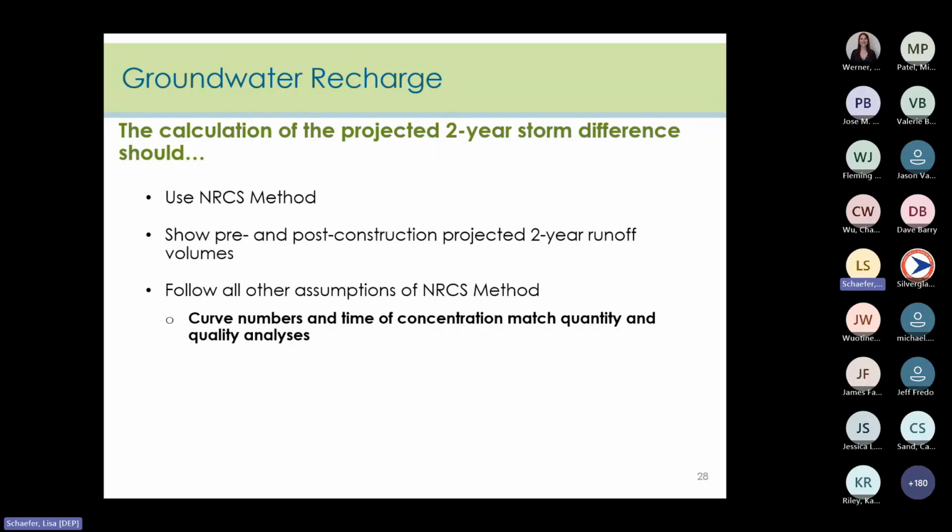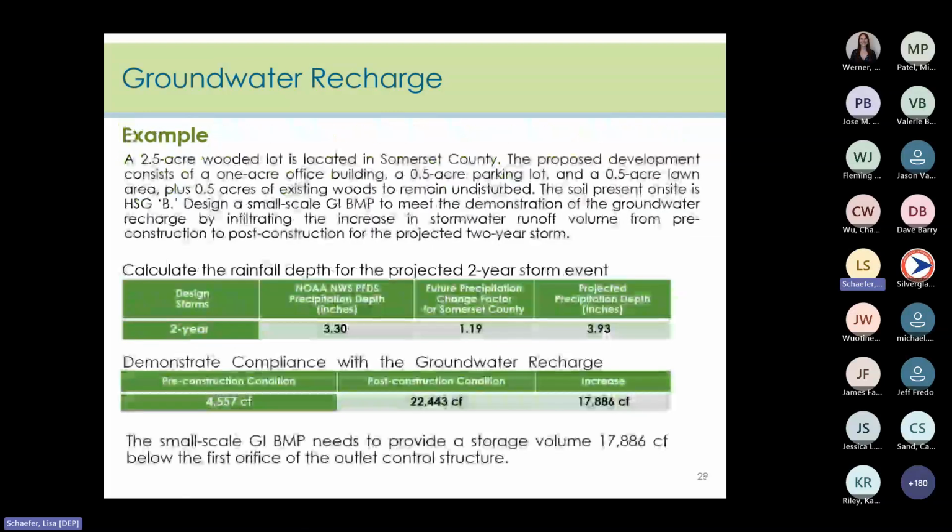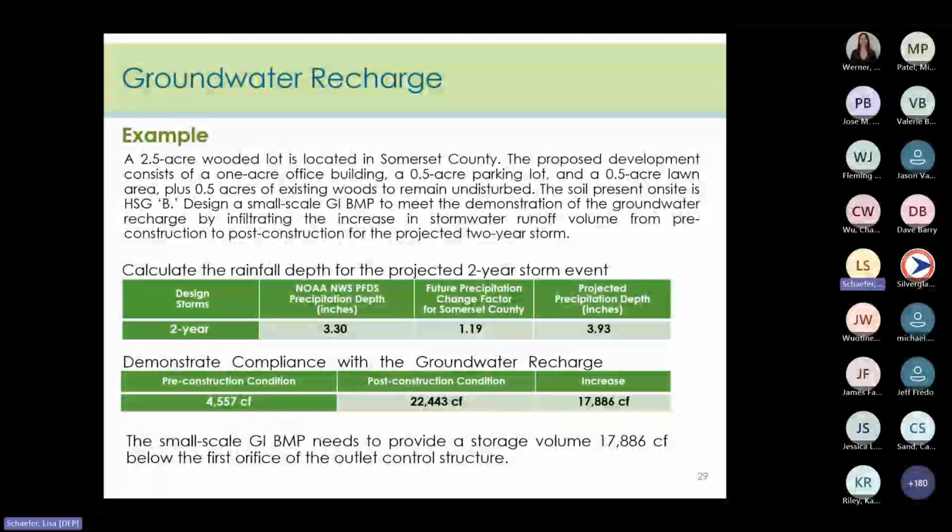All right, so let's just do a quick example. For this site, I've included the NOAA rainfall depth, the future precipitation change factor for Somerset County, and the depth of precipitation for the projected 2-year design storm.